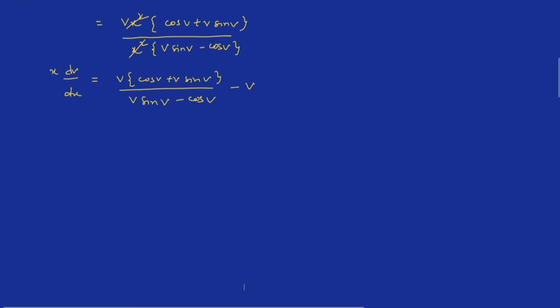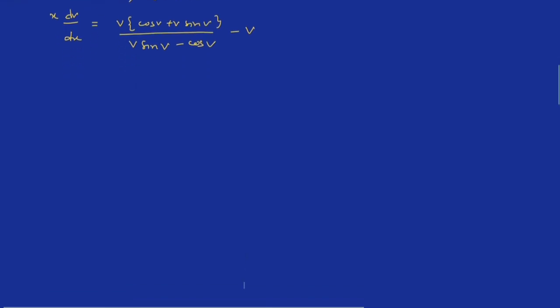Now cross multiply here. What we get, let's see: v cos v plus, multiplying this v inside, v cos v plus v square sin v minus, cross multiplying this, v square sin v minus minus plus v cos v.